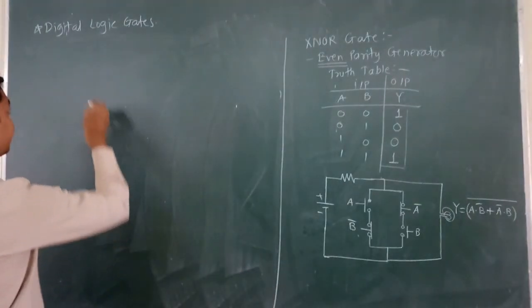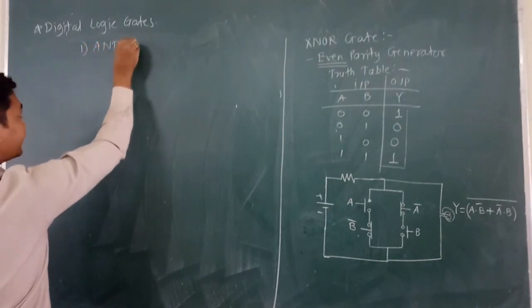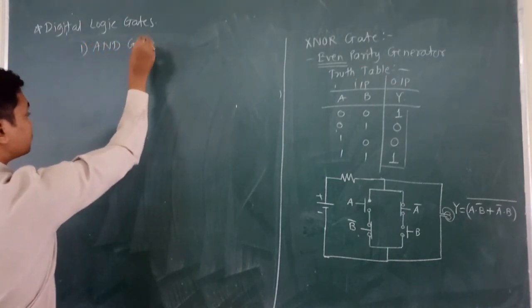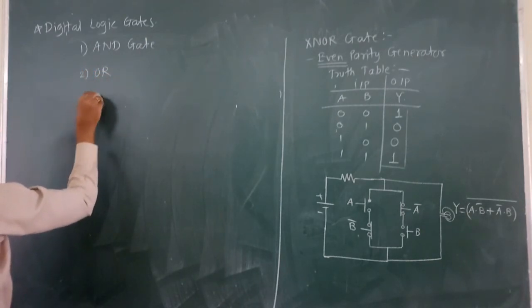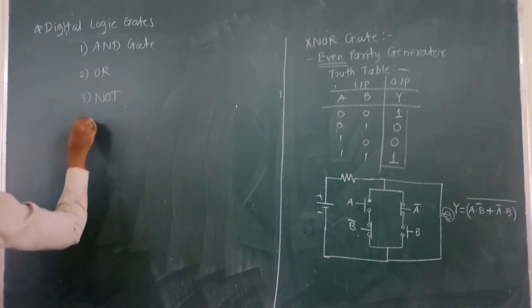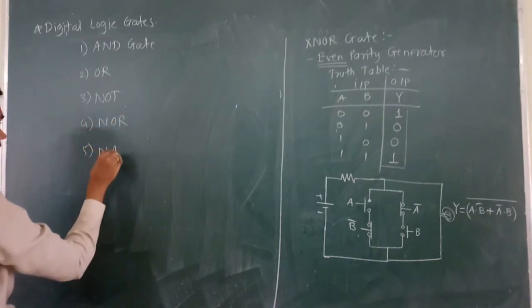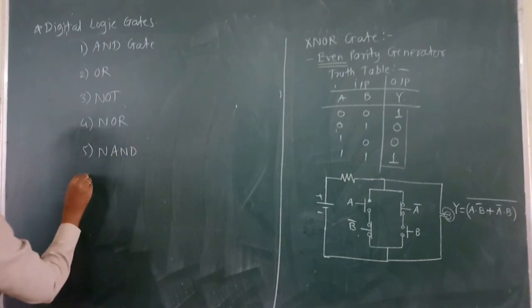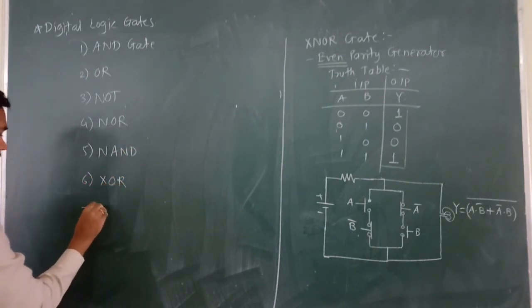Now first gate was AND gate, second was OR, third was NOT, fourth was NOR, fifth was NAND, sixth was XOR, and seventh was XNOR.